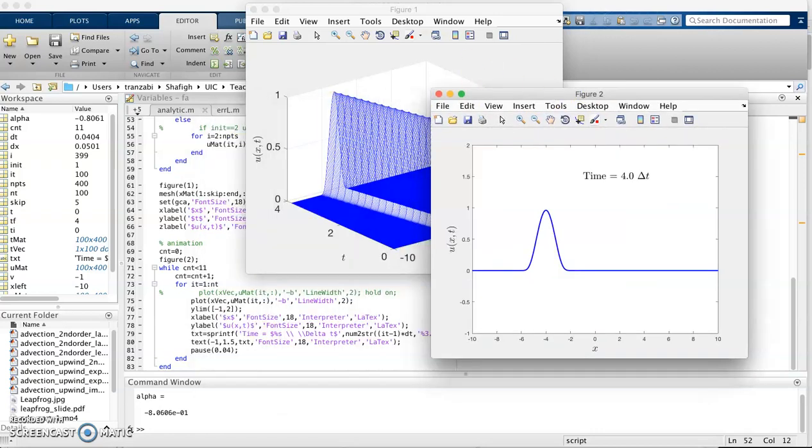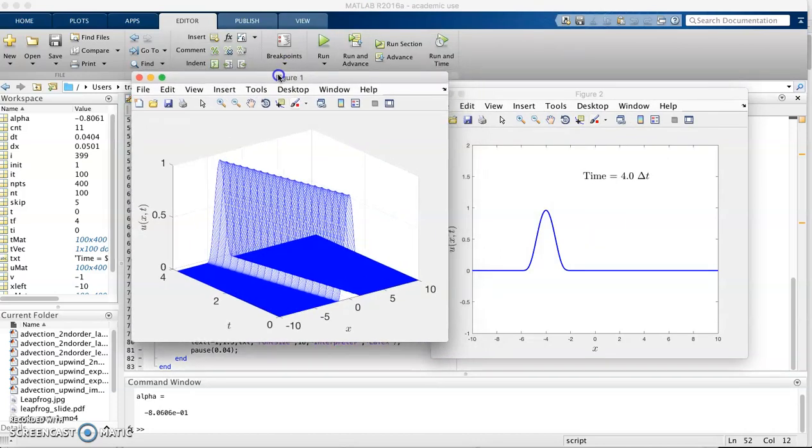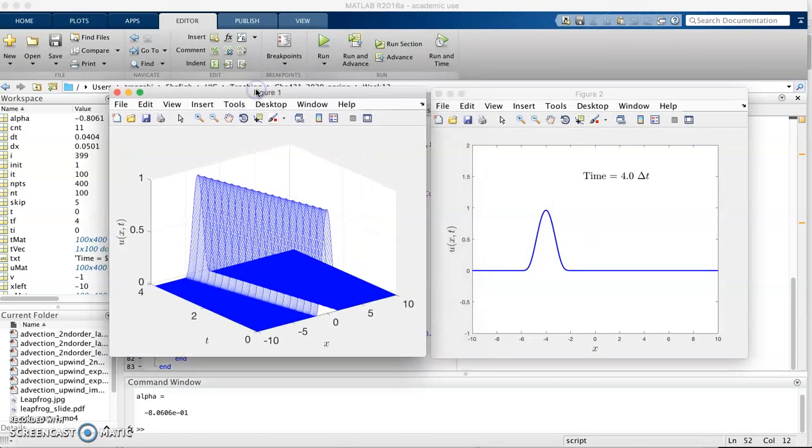Now the second plot I have here is basically the still frames. If you extract the frames out of the animation and plot all of them on this graph, then you would see that this is the x, this is the time. You see a very fine mesh here. This is the mesh grid we created.